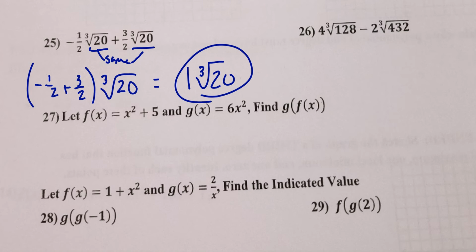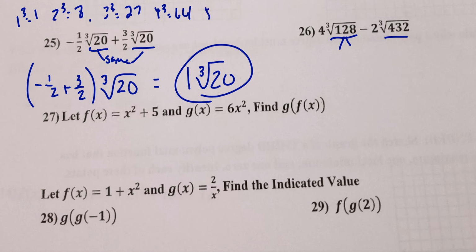26 is a little bit different because these do not match. So you have to hope there's a perfect number that goes inside of them. So I look at my list of perfect cubes. 1 cubed is 1, 2 cubed is 8, 3 cubed is 27, 4 cubed is 64, 5 cubed is 125, 6 cubed is 216.